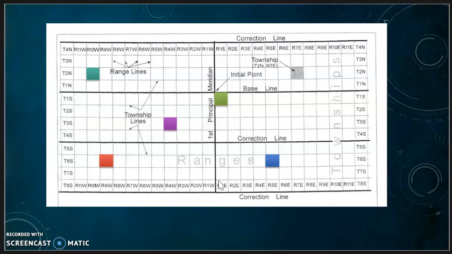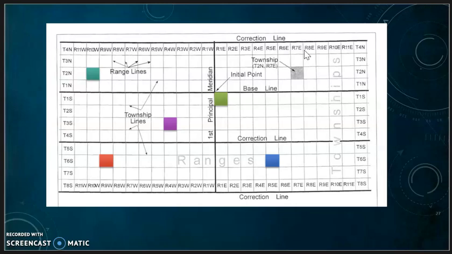So of course, here's our principal meridian. Everything east of the meridian is denoted as east. Everything west of the meridian is denoted as west. And then here we have our baseline. Everything north of the baseline is north, everything south is south.